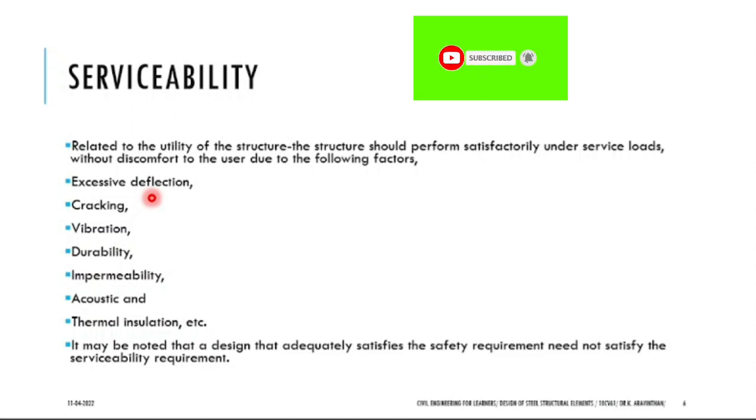The structural engineers will check that the vibration is within the limit and within human comfort. If it goes beyond that, then your structure has to be redesigned or reconstructed.